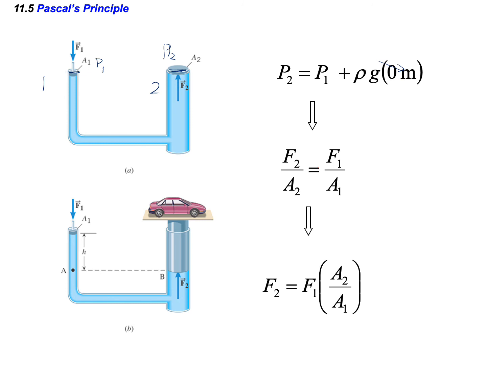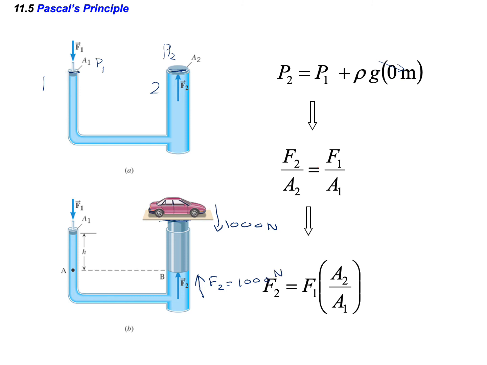So you can use this equation in this example. Let's assume this car's weight is 1000 newtons. In order to keep this car at this level, in equilibrium without moving up or down, you have to apply a force, the second force on the second area, equal to the weight of the car, 1000 newtons.